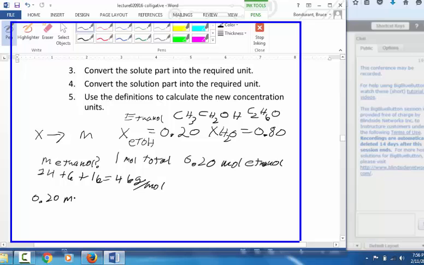So I have 0.20 mole times 46 grams per mole. Actually, I don't even need to figure out how many grams of this stuff I've got, but if I did, I would calculate. In fact, we could even do something like mass percent as well.